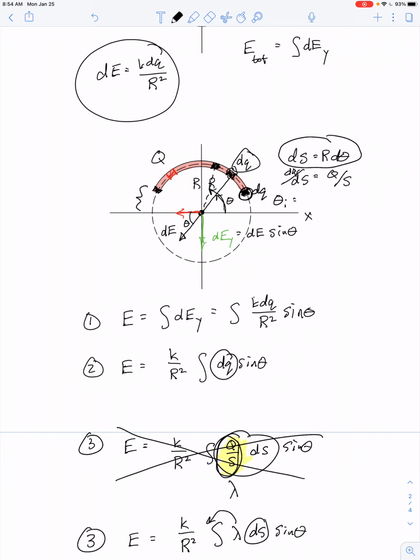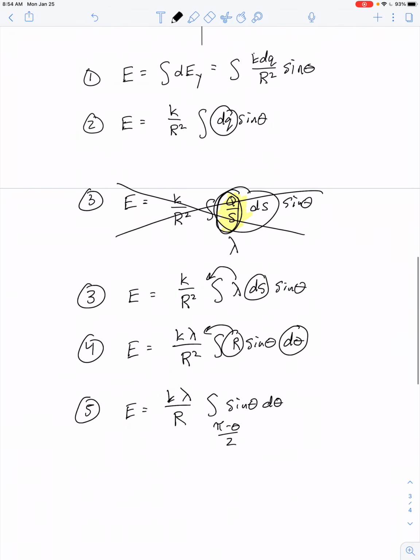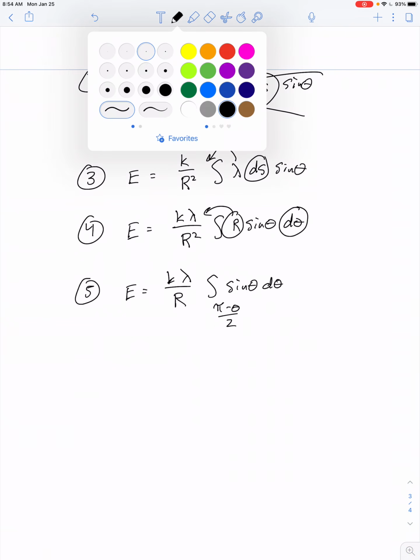However, again, taking advantage of the symmetry of it, instead of making that our upper limit, let's make our upper limit here. We'll pretend that this is the last dq. So that would be at pi over 2, right? And then, in that case, we can just say, by the symmetry of it, we can double the result. So I'm going to throw a 2 in here.